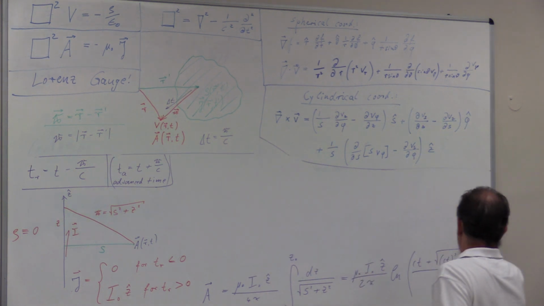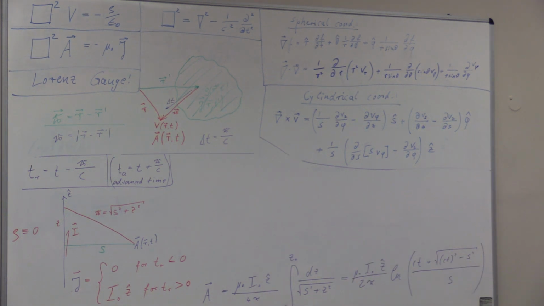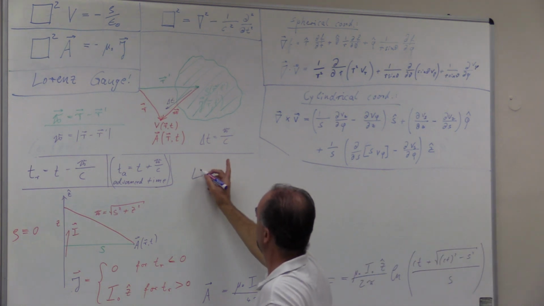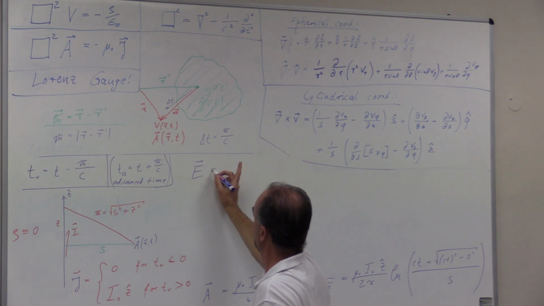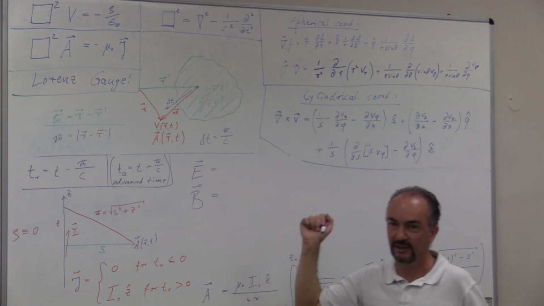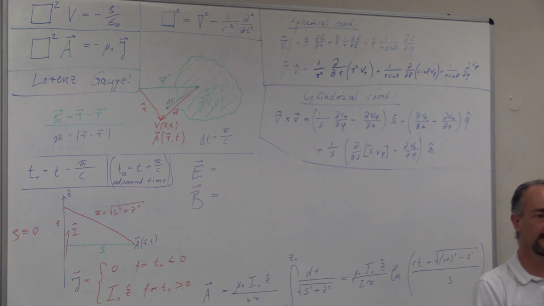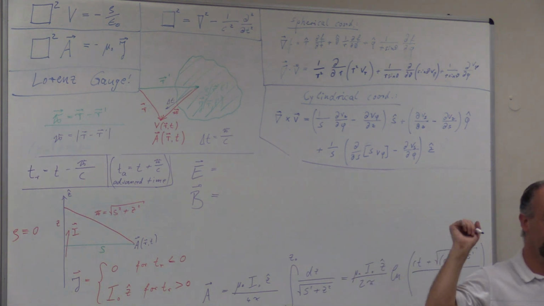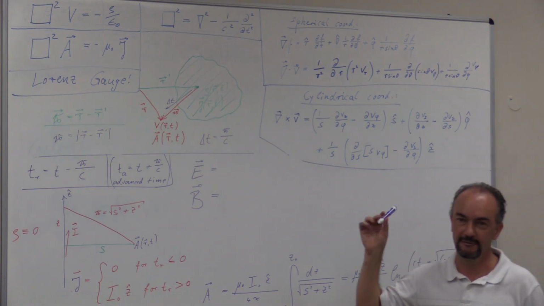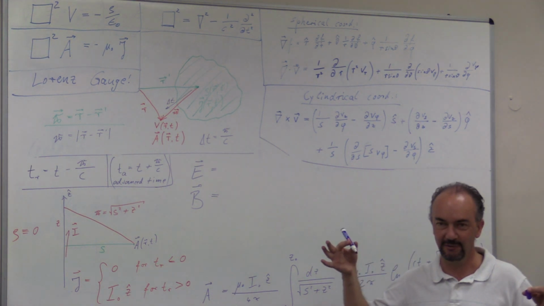Then we can calculate electric and magnetic fields, and everybody, of course, remembers how you calculate the electric field and the magnetic field from the potentials. What's the electric field? Calculated from the potentials. Everybody knew that in the homework.